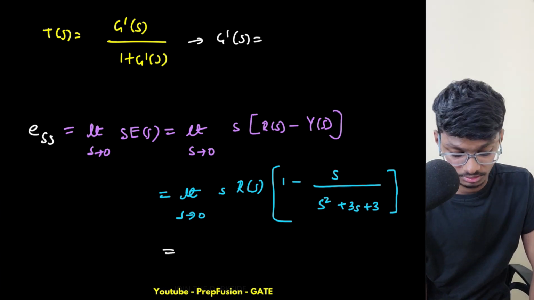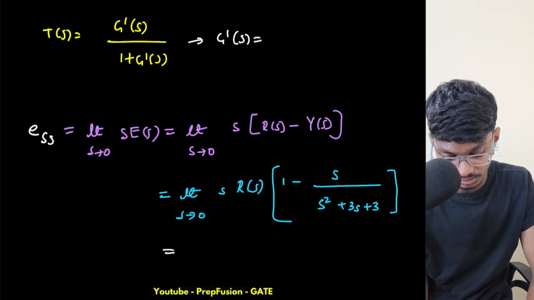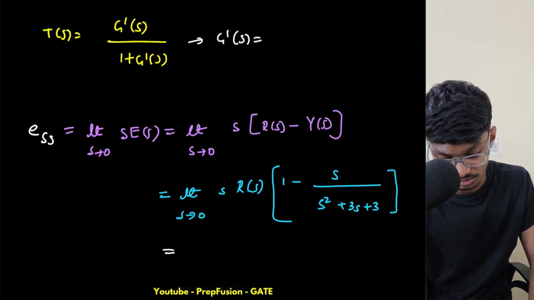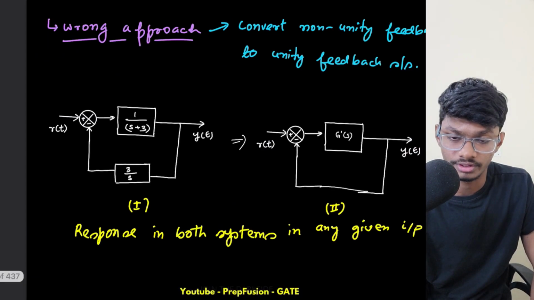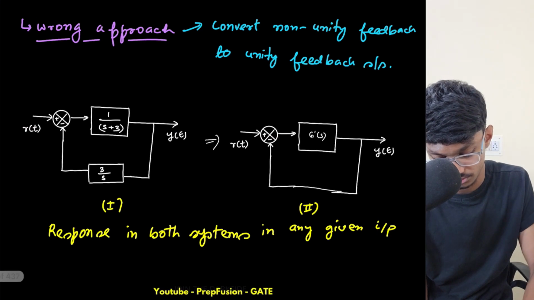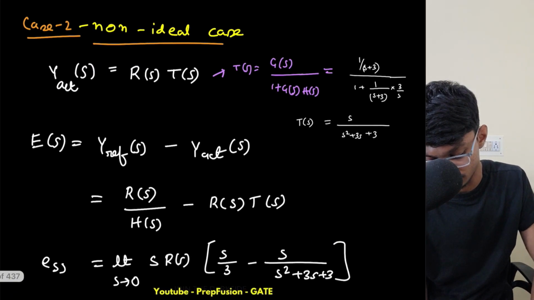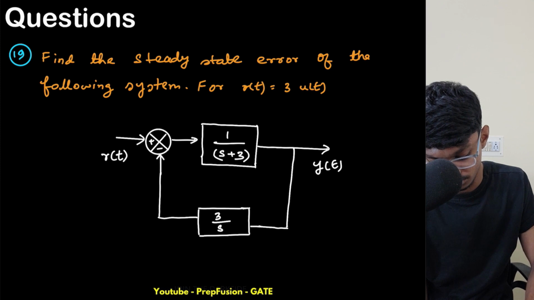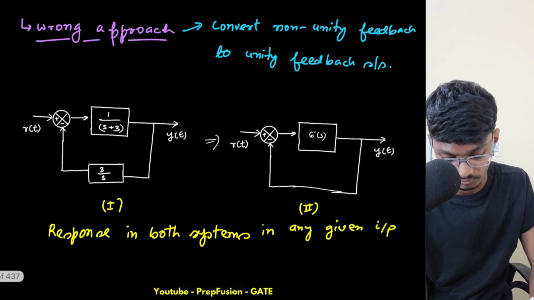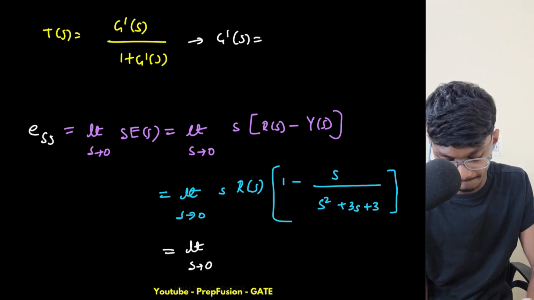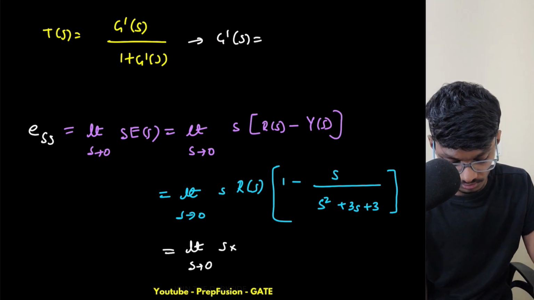So this is this one, and if you simply subtract these, what is R of s? R of t is 3u of t. So R of s is 3 by s.